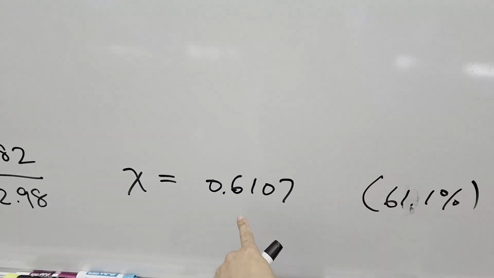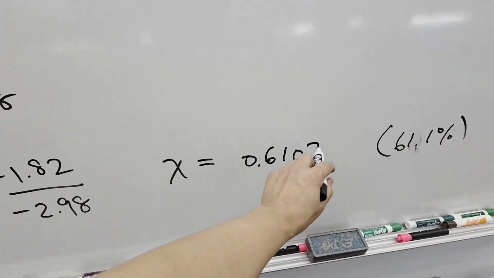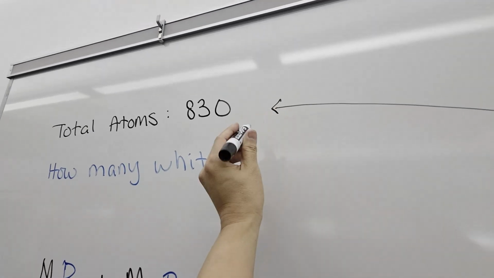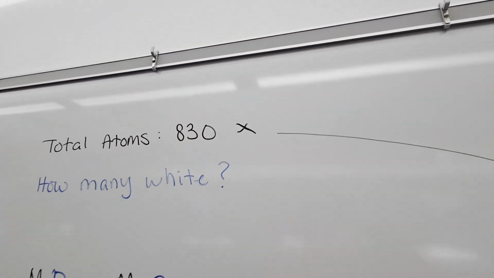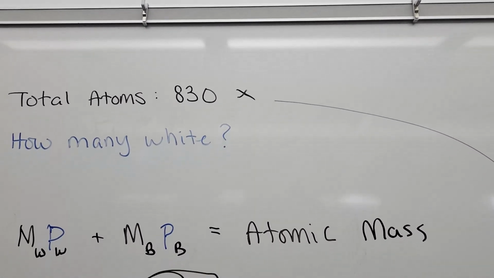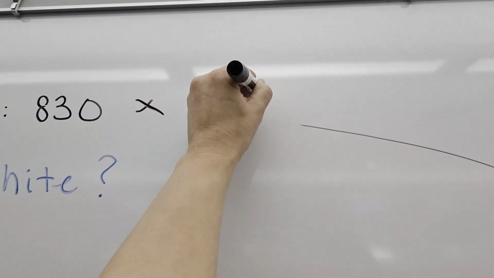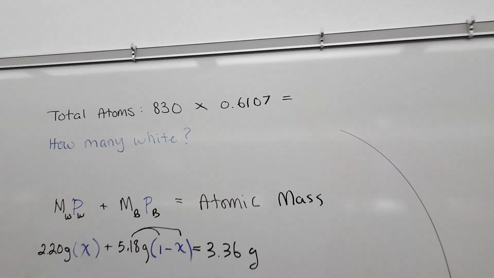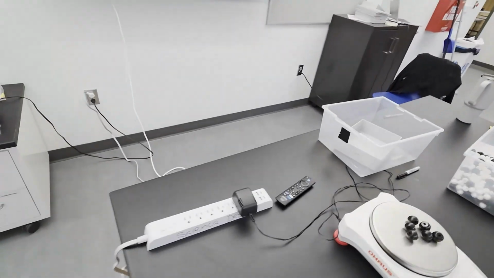I'm going to use that. That's the decimal form of the percent. So 830 is the total number of atoms, and 61.1% of it are white. I have a feeling many of my students are going to get better numbers than me.